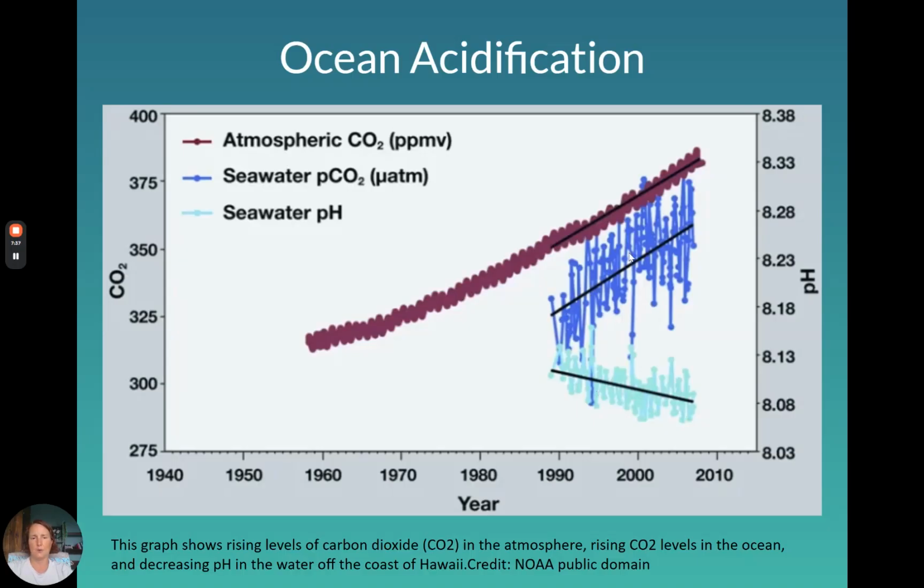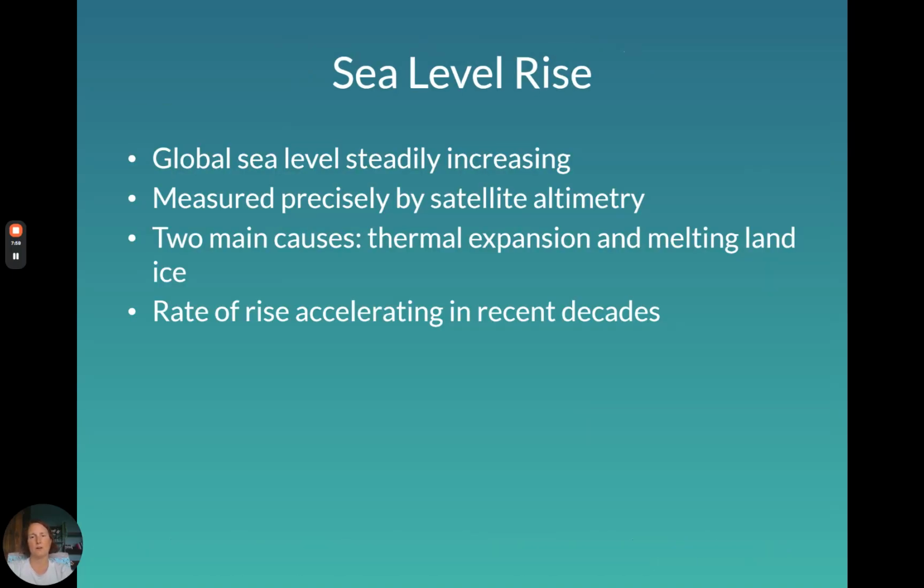You can see seawater carbon dioxide levels are increasing in correlation with atmospheric CO2 levels, and the pH of the ocean is decreasing as the seawater CO2 levels increase. So you can see the data here clearly, and it's pretty concerning. So that's where we are with that. A couple of your readings have a lot more about ocean acidification in them, so you can learn a little bit more that way.